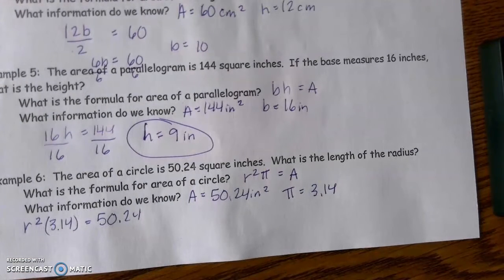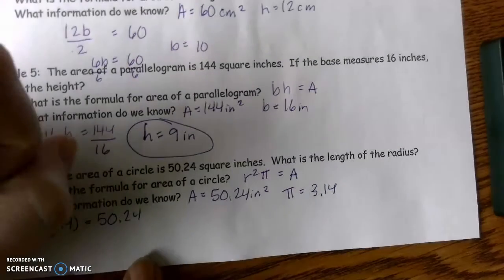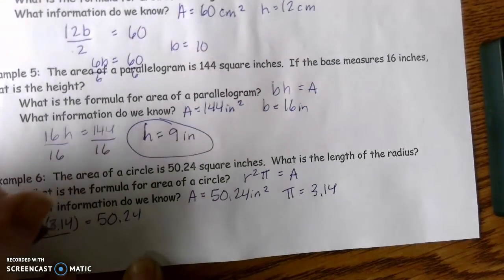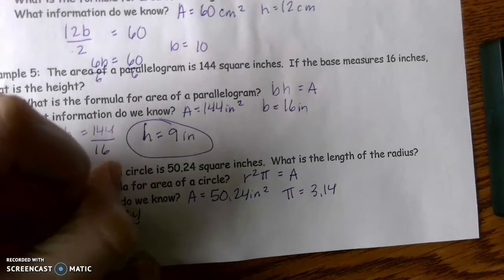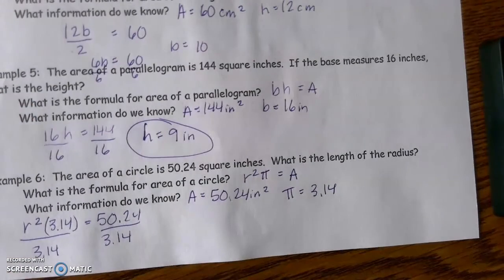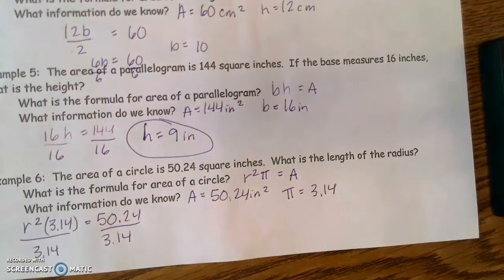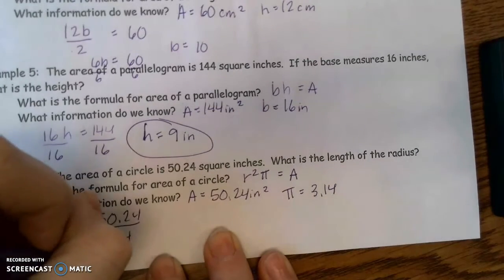Okay, so the first thing that I need to do is I need to divide. So if I look at this and I do that division, 50.24 divided by 3.14 gives me 16.